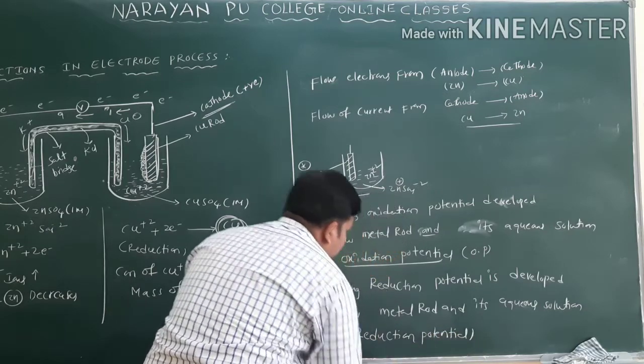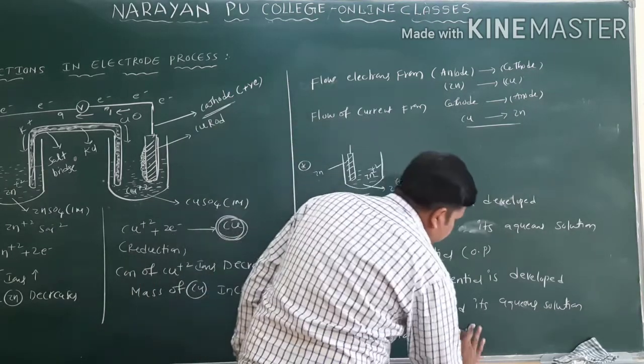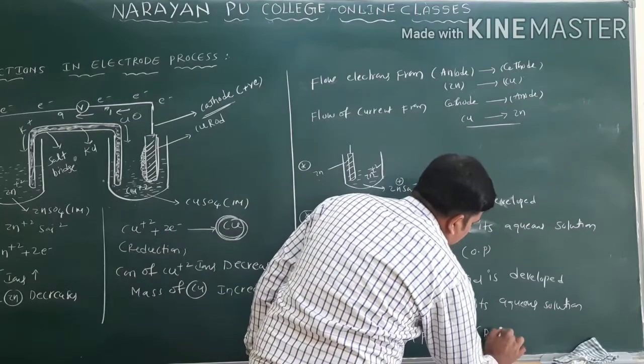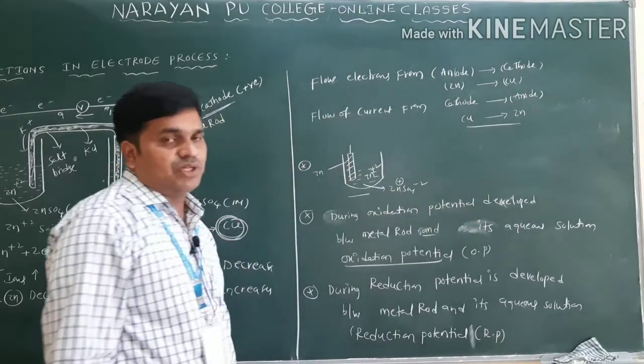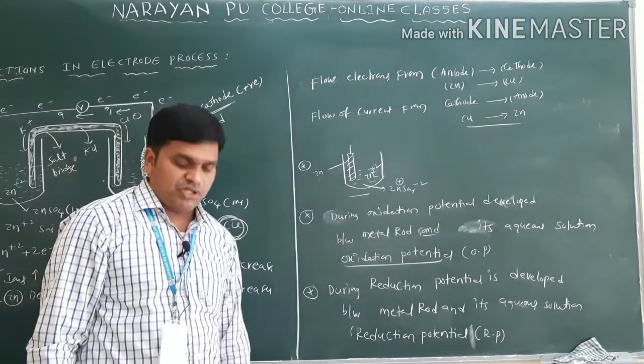What are we calling it? Reduction potential. So simply we write RP only. OP means oxidation potential. RP means reduction potential only.